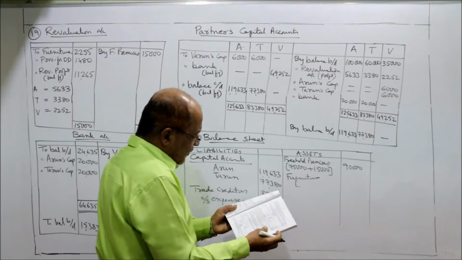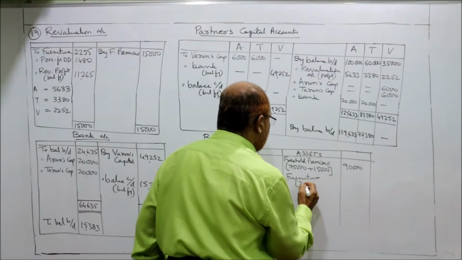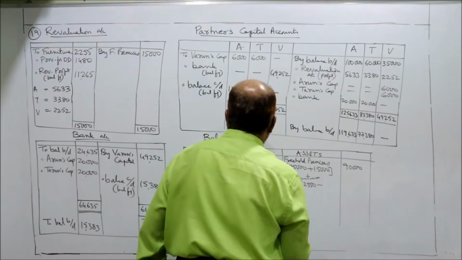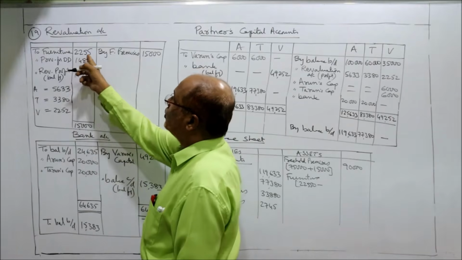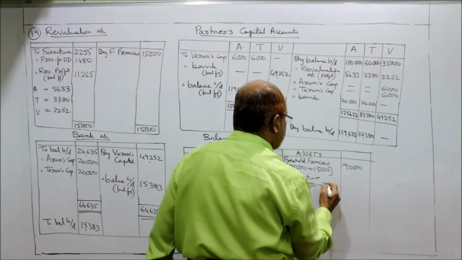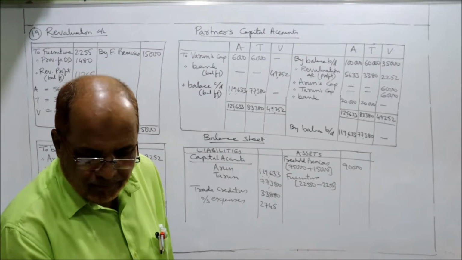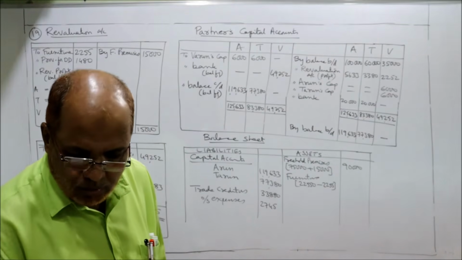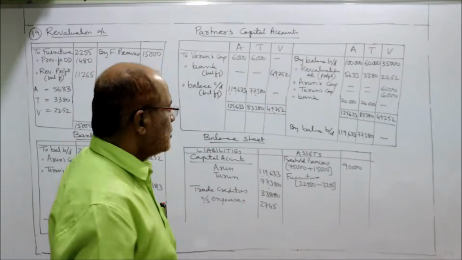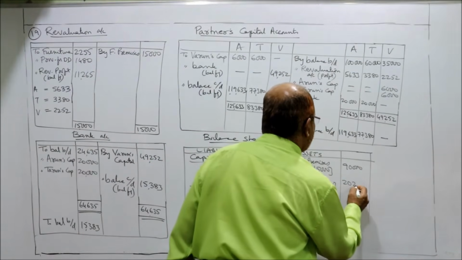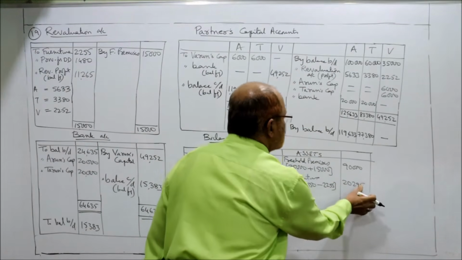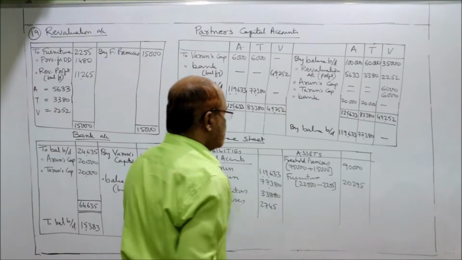The old value of furniture was 22,550. From this, there is a decrease of 2255. So the value now remaining is 20,295, the balancing figure.